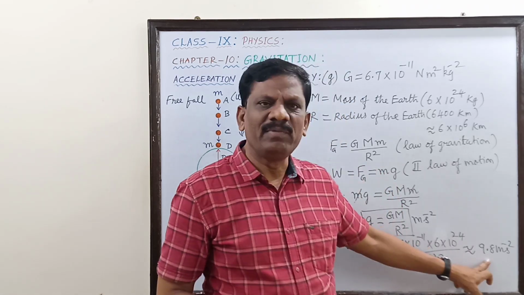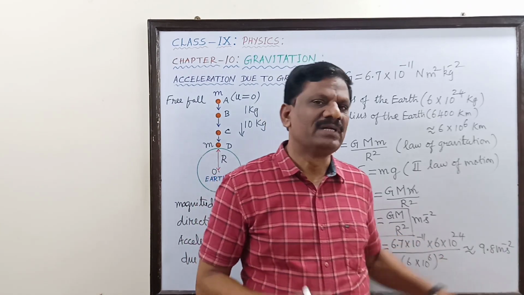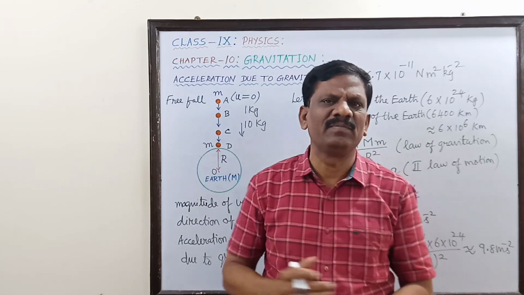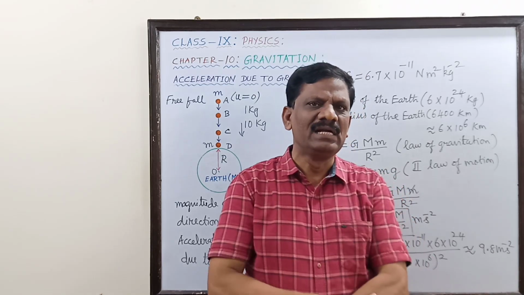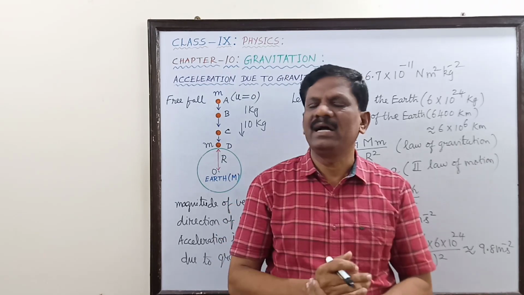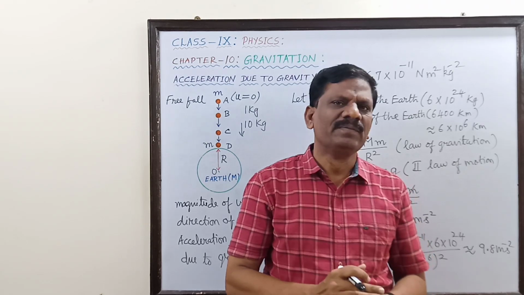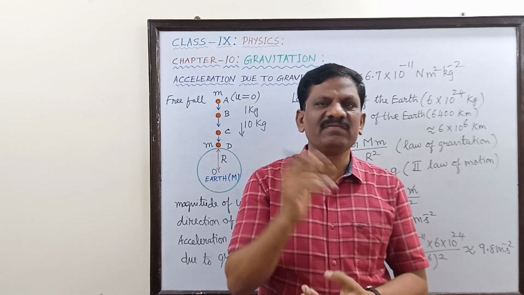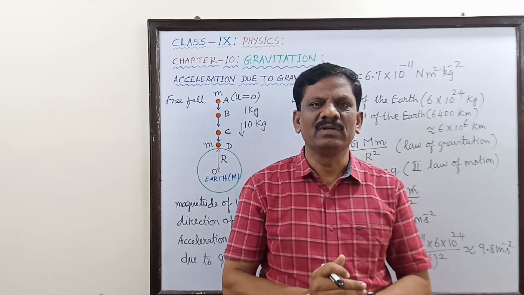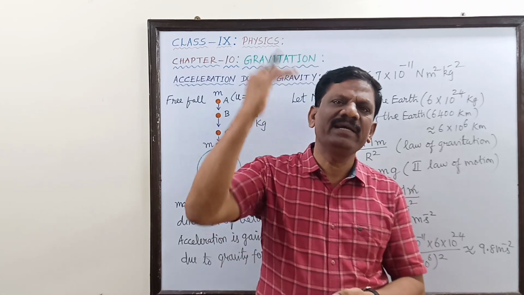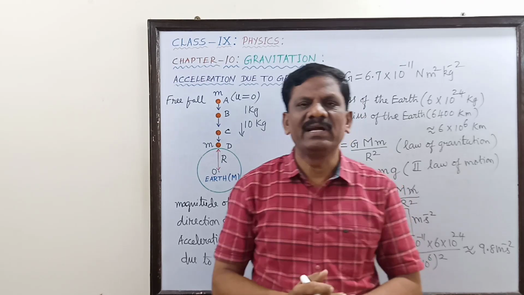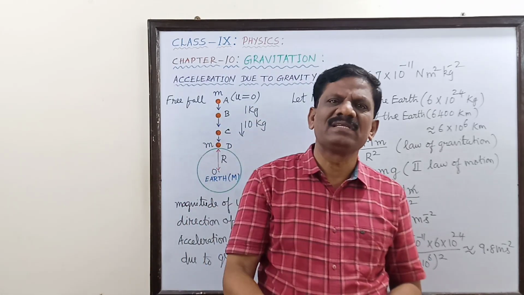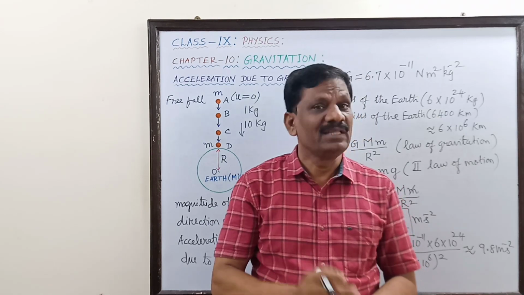When you come to higher classes, you will study that the value of g is maximum at the poles, the North Pole and the South Pole, and minimum at the equator. So the value of g changes with the angle of latitude. Also as you go higher above the surface of the earth, the value of g decreases. Also when you go below the surface of the earth, under tunnels and all, the value of g once again decreases.